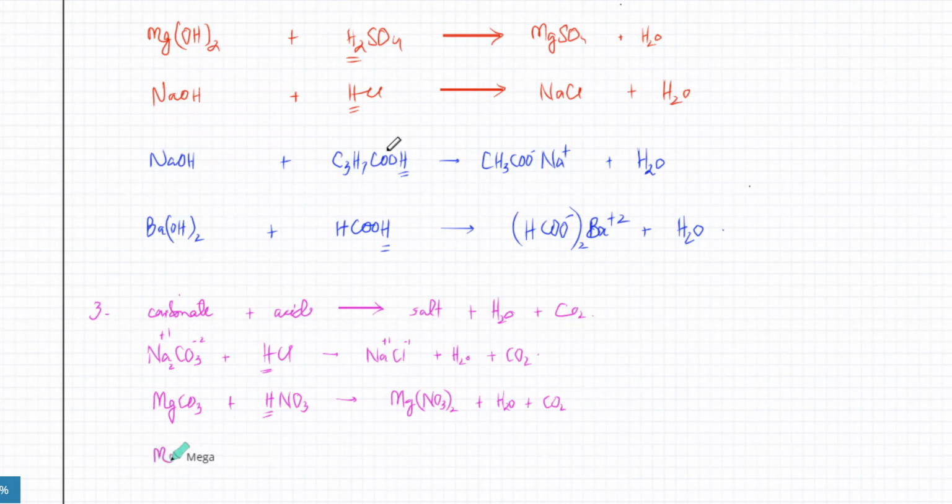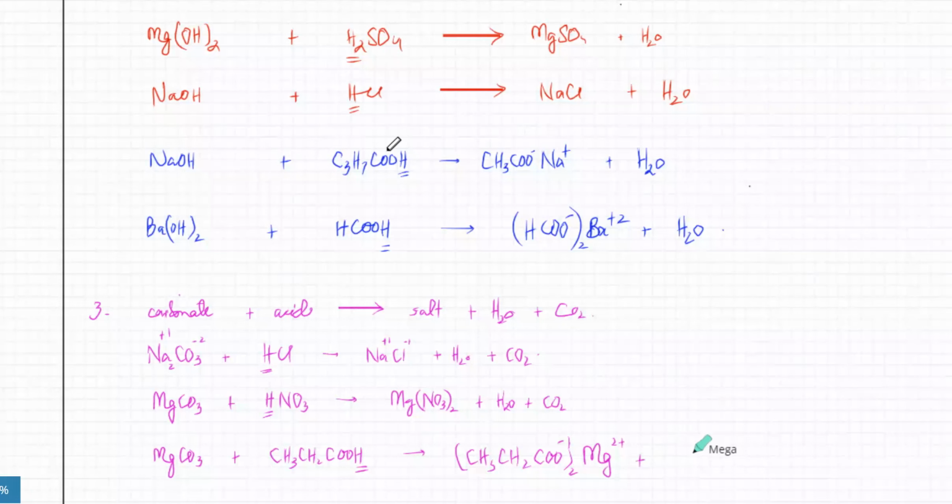Like if I react a carboxylic acid with magnesium carbonate, let's say propanoic acid, जिसका जो O वाला H है, that gets replaced by Mg. So it would be CH3CH2COO minus 1, and the H gets replaced by Mg, which is 2 plus, तो उसको फिर सारे को double करना पड़ेगा.